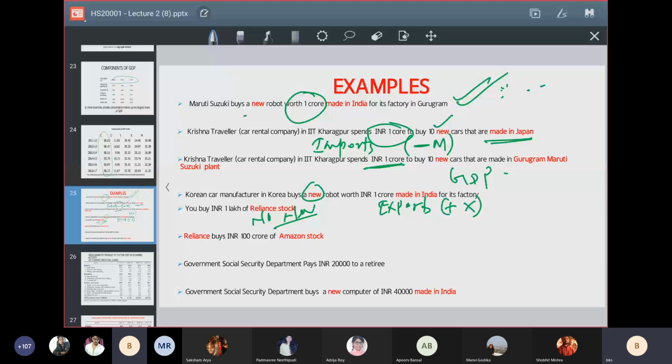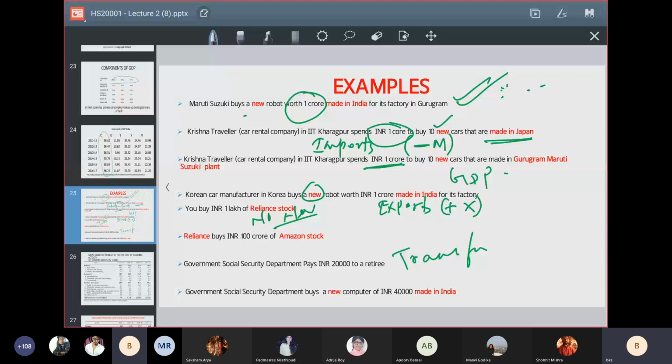But if the department pays 20,000 rupees to an employee or a worker in the department, then that will be part of our GDP. In this case, because the person is a retiree, the person is not creating any new goods and services, so that is not part of our GDP.